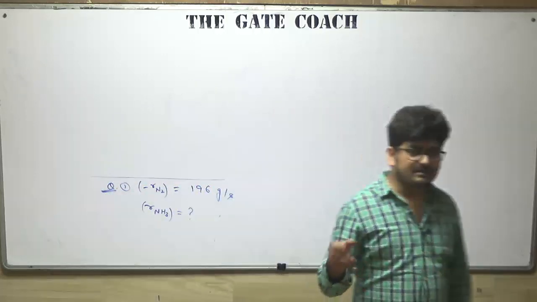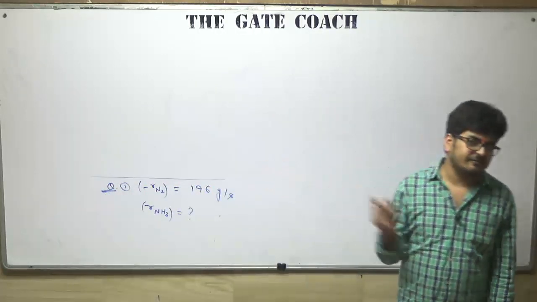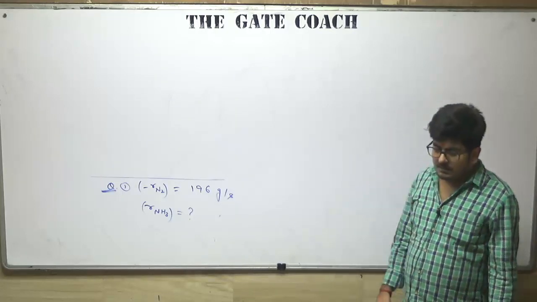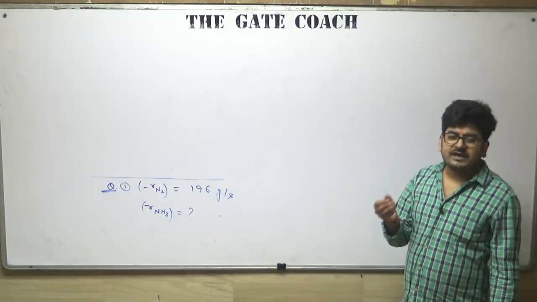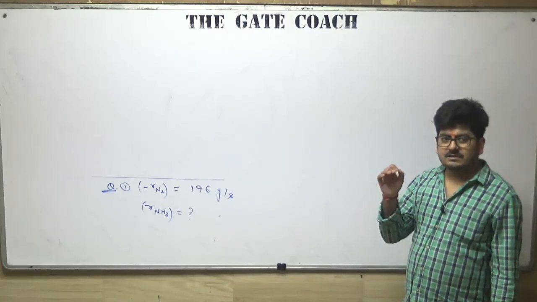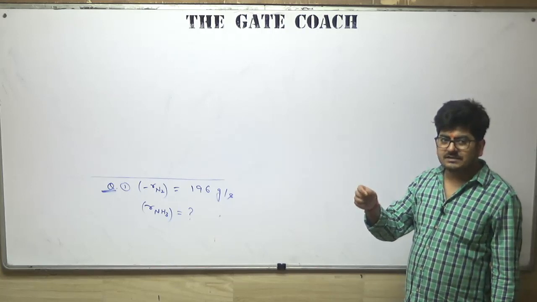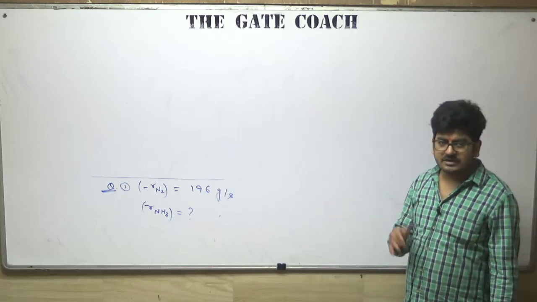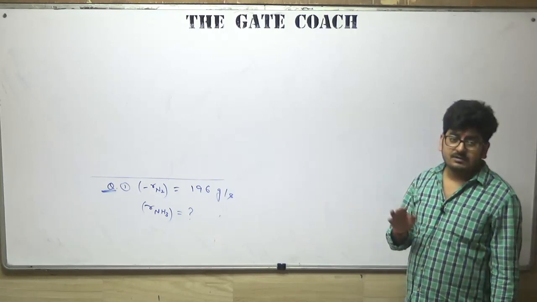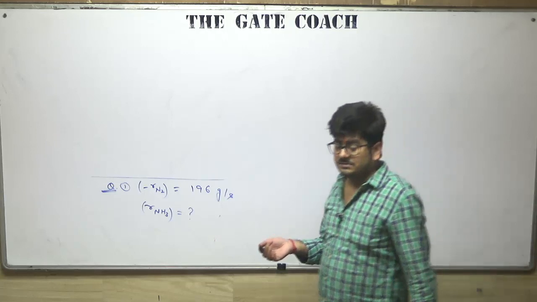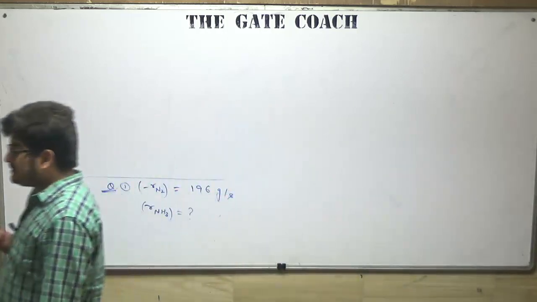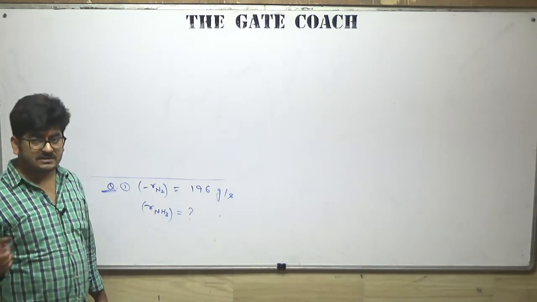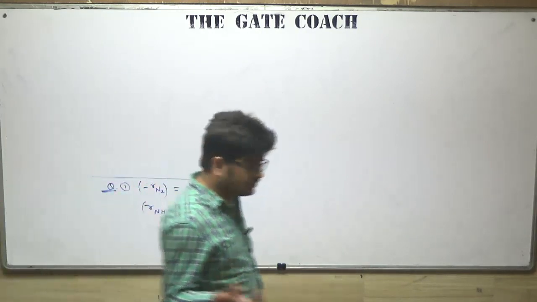If your answer is within the range, you will get full marks, otherwise you will get 0. In most NAT questions, they mention the units in which you have to answer. That is not a big deal. But if the units are not mentioned, then what to do?